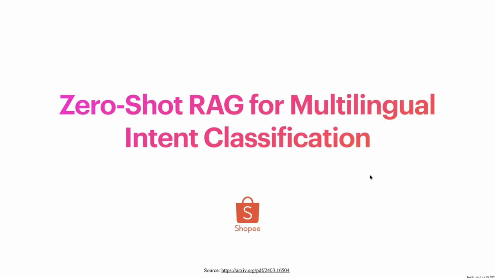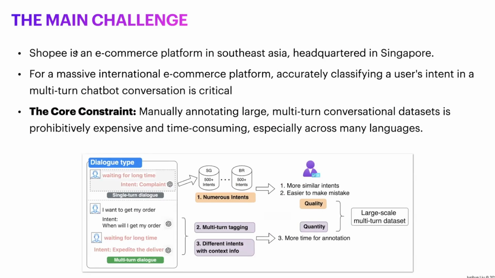The main challenge that Shopee is trying to solve is that they have a lot of markets. Essentially they cover 11 markets that cover six languages. And the chatbot they have has tons of conversations, right?